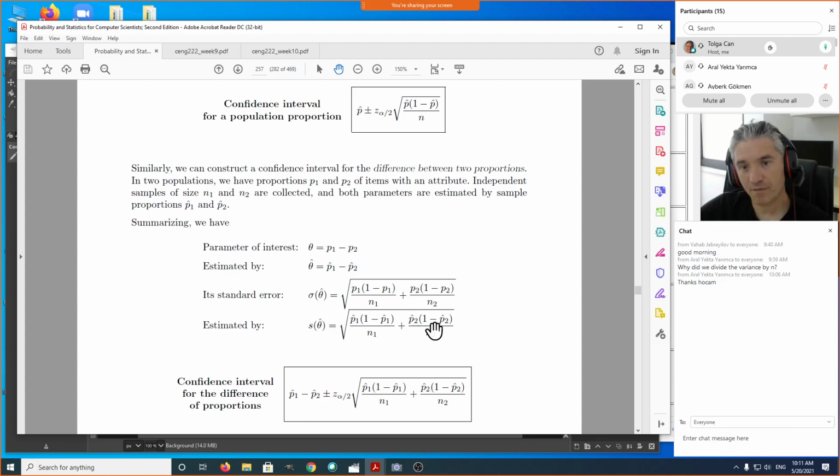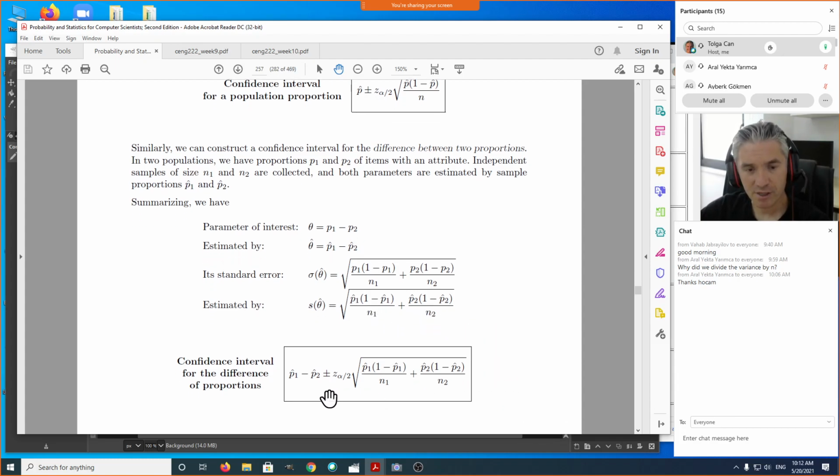So for population proportions, you have to have large samples. Otherwise the variance is unknown, and your confidence interval estimate will not be good, because your standard error is computed using the proportion estimate you have in the sample.